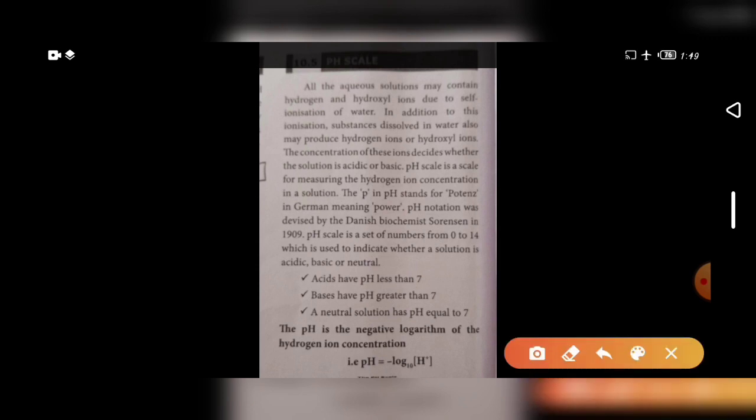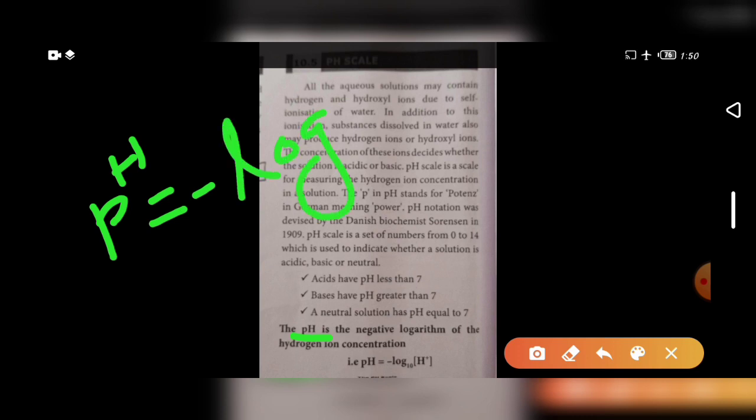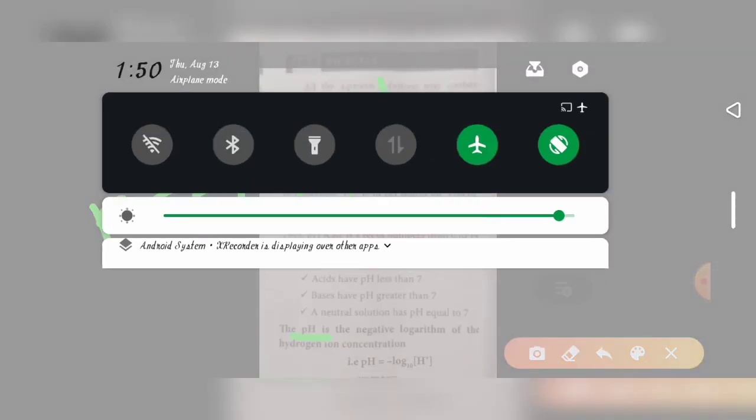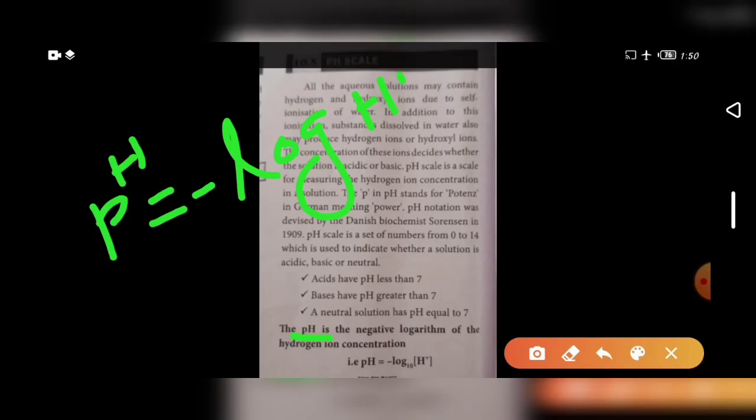The pH is defined as the negative logarithm of the hydrogen ion concentration. That is written like this: pH is equal to minus log of [H+], the hydrogen ion concentration.